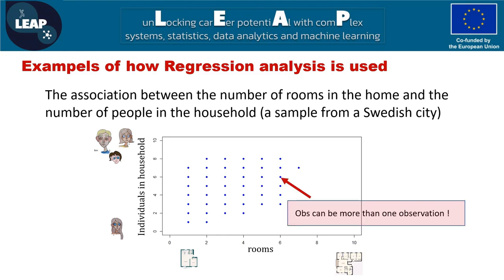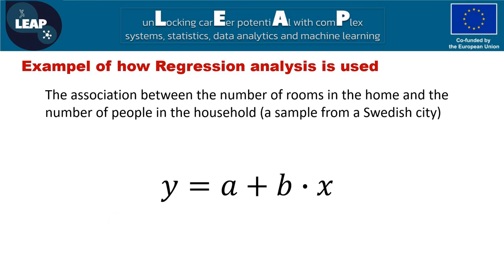It is, however, important to notice that the points here can be more than one observation. And we will use a simple regression analysis. So we're going to try to fit a straight line.